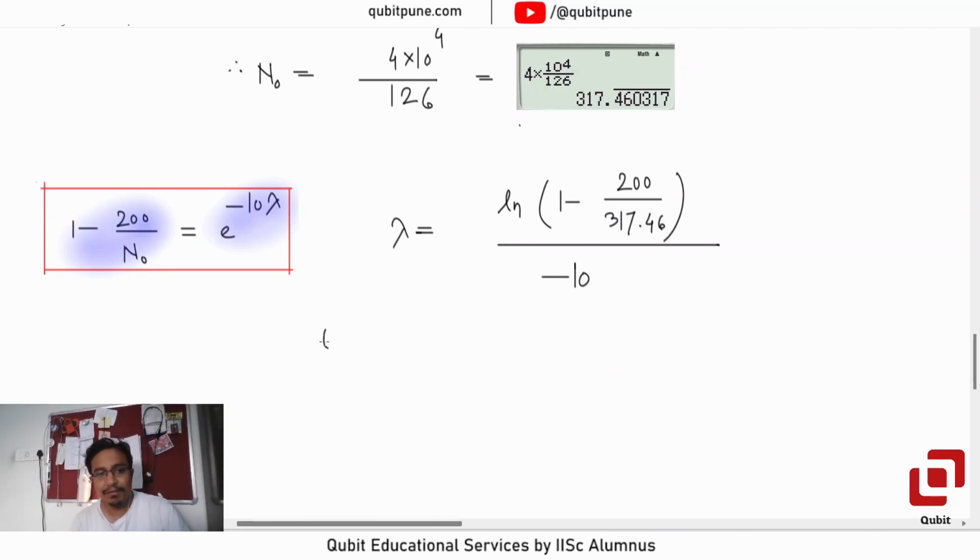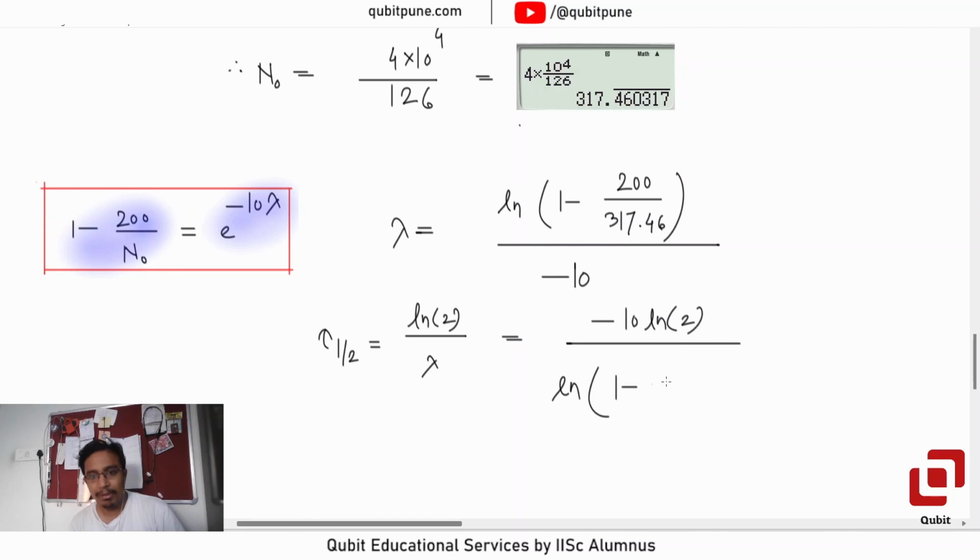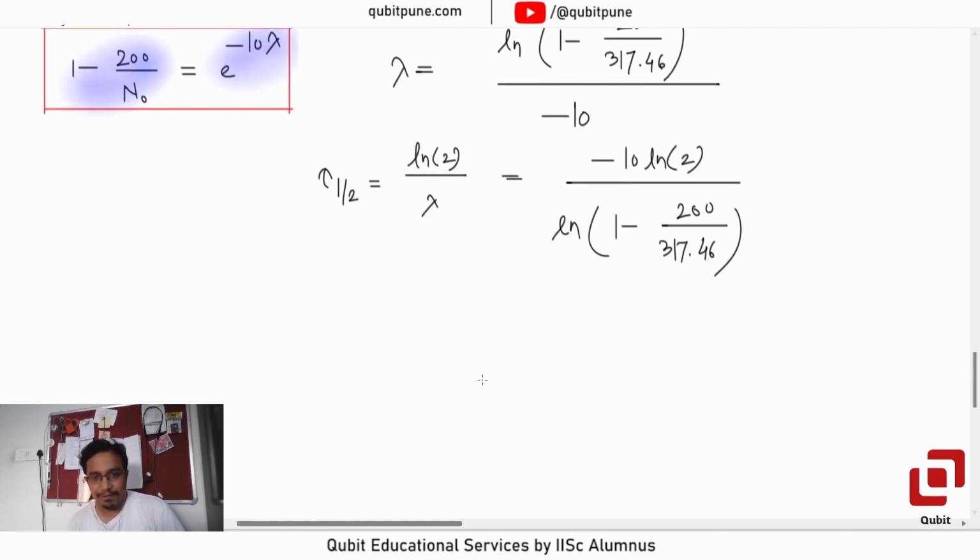And how much is half-life? Half-life is ln 2 by lambda. Lambda is in the denominator, so it will be negative 10 ln 2 upon ln 1 minus 200 upon 317.46. Now let us find out the half-life finally.